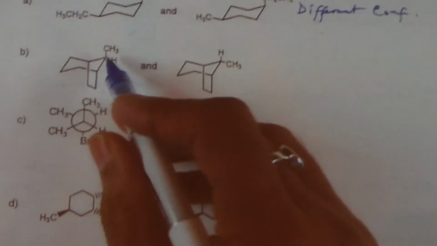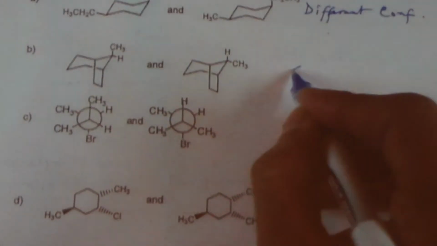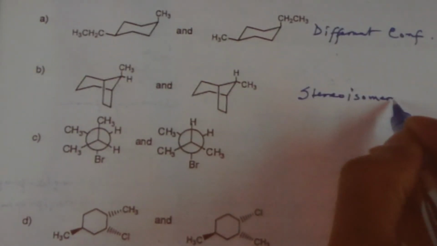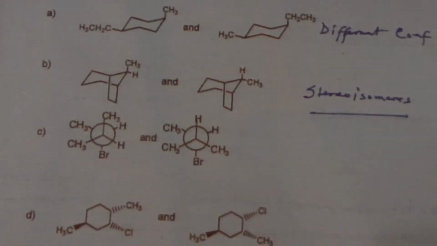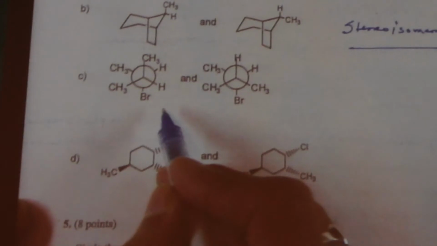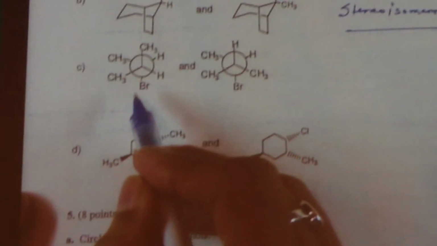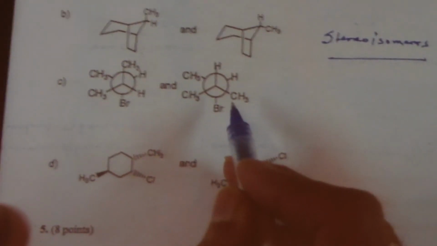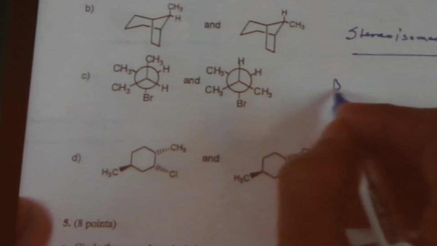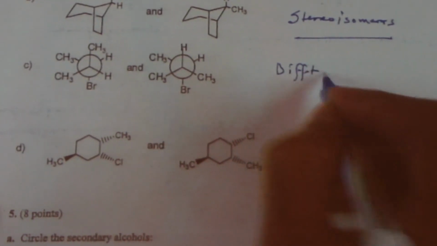So this is equatorial, this is axial, and therefore these are stereoisomers. But if you didn't have a second ring, then they would be conformers. These two are identical. If you redraw them, you'll see the same structure, same name, but two different conformations.